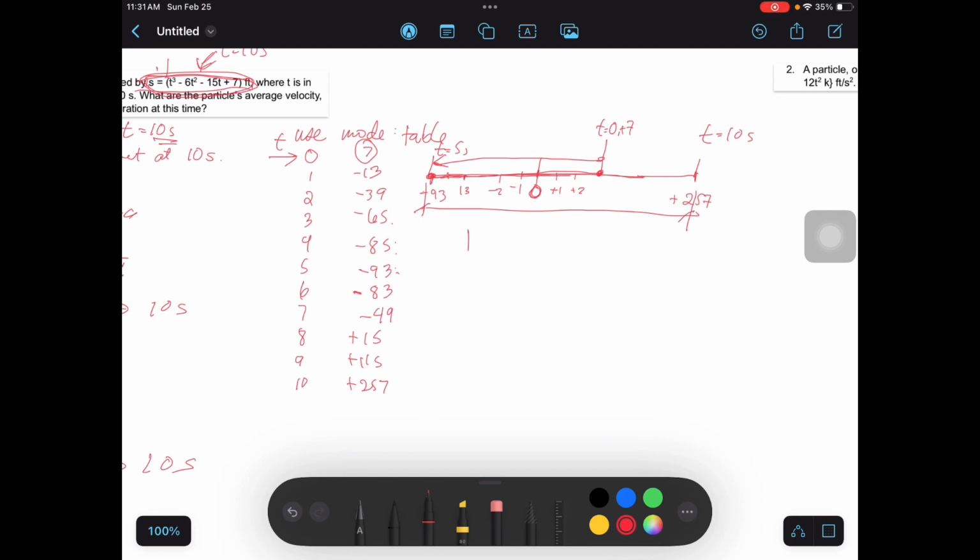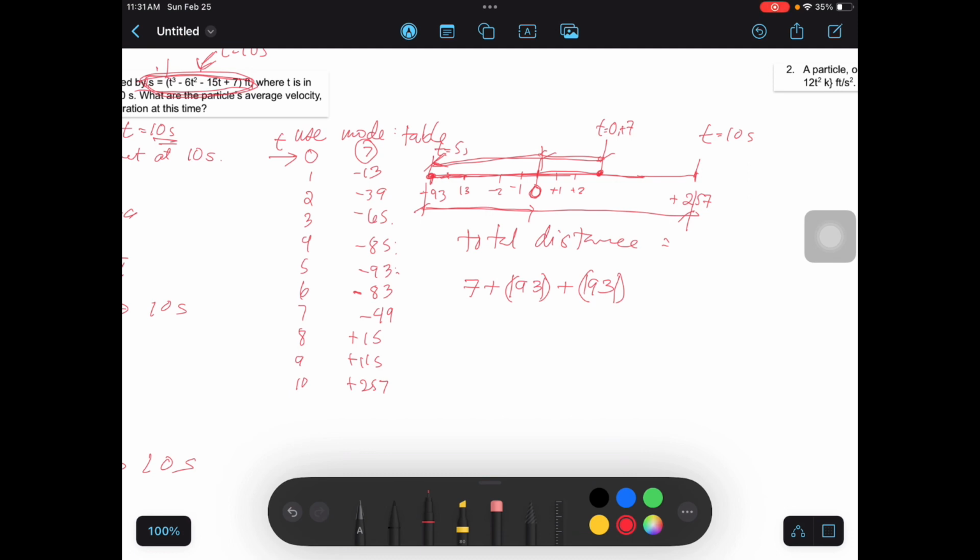So, paano yan kukunin? Total distance is equal to, from dito, 7 to 0, 7 feet. Ito naman, this is 93 feet. Then, bumalik siya, 93 ulit. That's absolute, no? Kasi nga, total distance kinukuha natin.